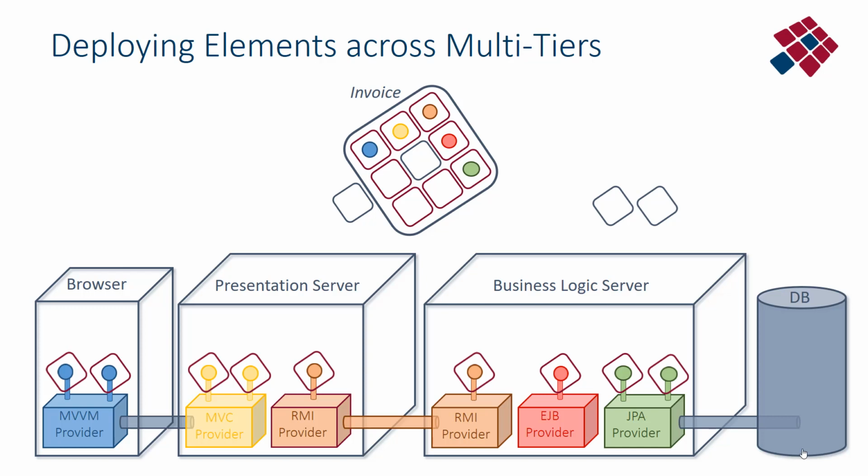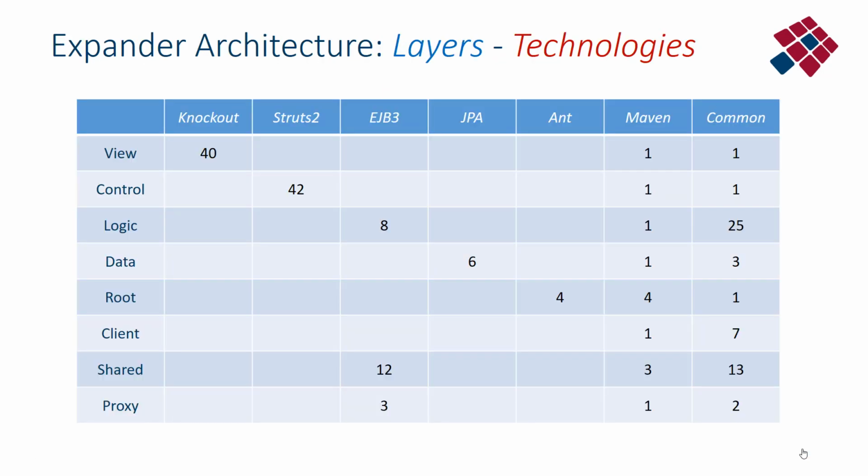Well, globally we can have this overview where we have in the rows the various tiers or layers of the web-based information systems: the view layer, the control layer, logic, data, the root layer, the packaging of the application component, the client layer, the shared layer, and the proxy layer.